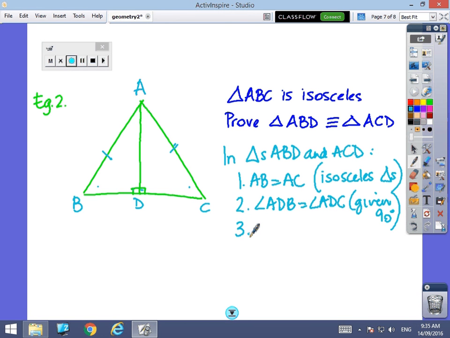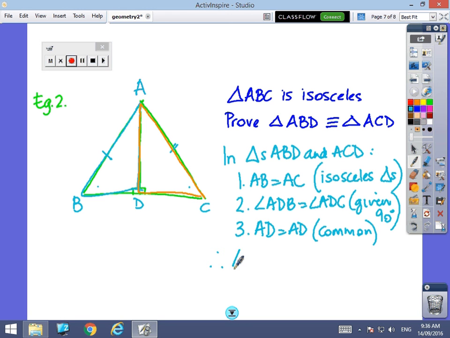And the third bit of information sounds a little bit strange at first perhaps, but if I look at this side AD, I can see that that's part of this triangle here, but it's also part of this triangle here. So what I'm actually going to say is AD is equal to AD, and I'm going to use the word common, meaning that side is in both triangles. It's common to both.